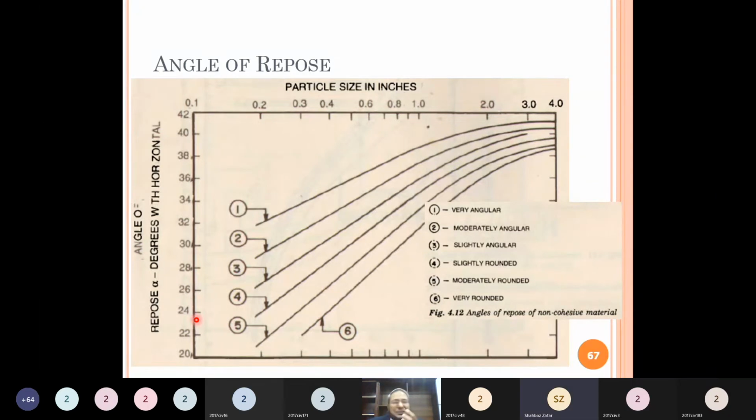So angle of repose is a function of two things. Number one is the size of sediments, and number two, shape of sediments. ठीक है ना? तो साइज के बढ़ने से क्या हो रहा है एंगल ऑफ रिपोज को? It increases. और शेप एंगुलर होने से क्या हो रहा है?